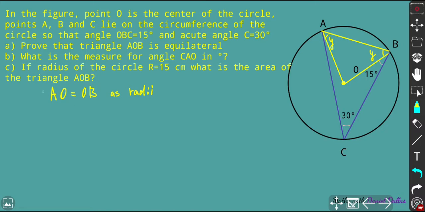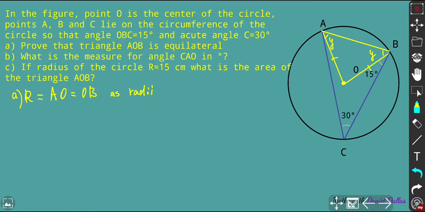So that means they're equal to R, which is the radius in that case. So at least this triangle is isosceles, so that means the two angles at vertices A and B are Y and they're both equal. Hence we have two angles the same.